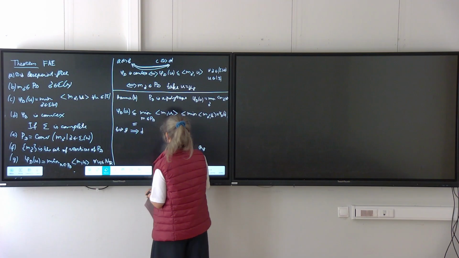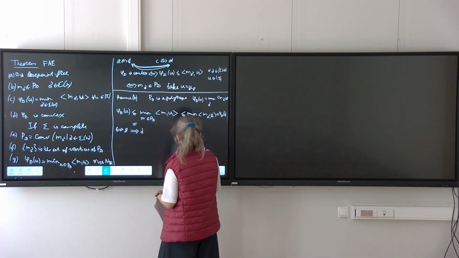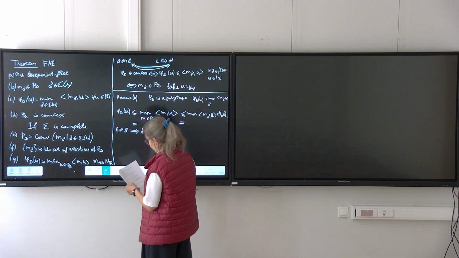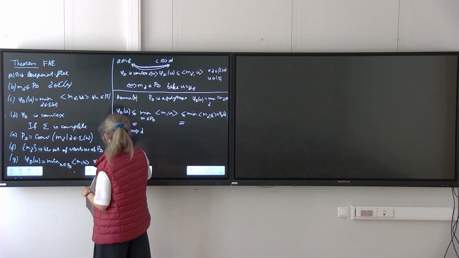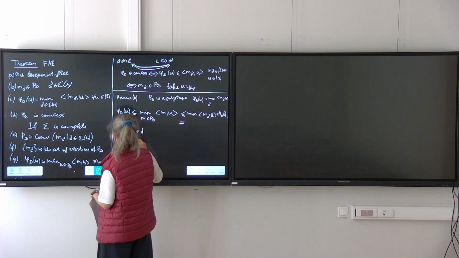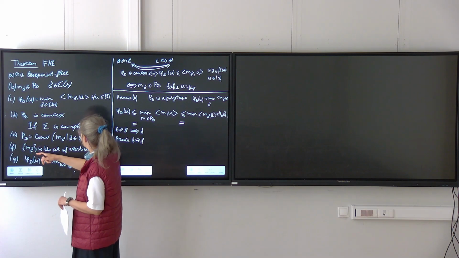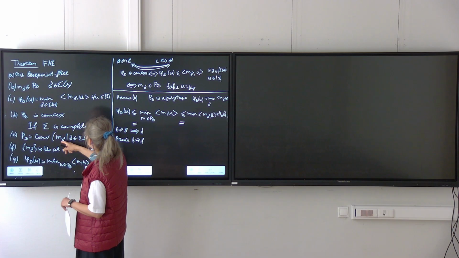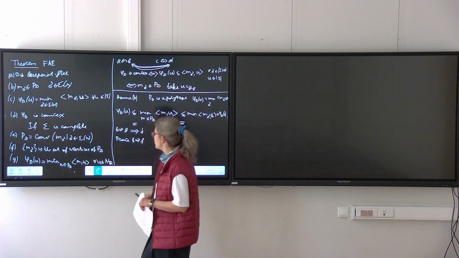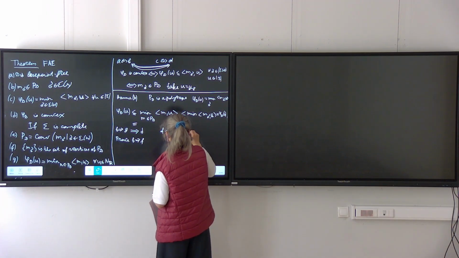So, what should we prove? Let us prove that B implies F. Then clearly F implies E, and E implies B. F implies E implies B is obvious.